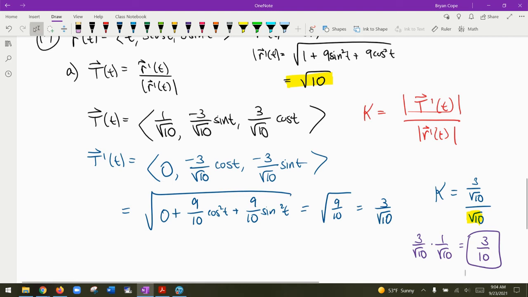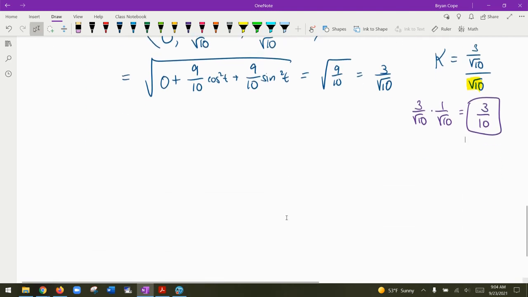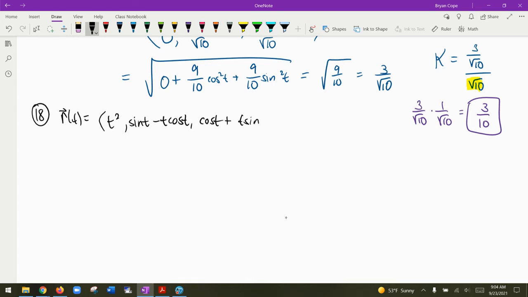Okay, 18 might be a little more ugly, so we might want to do that one by calculator, but I'll try and do it by hand. Okay, so r of t equals t squared, sine t minus t cosine t, and cosine t plus t sine t, when t is greater than 0.